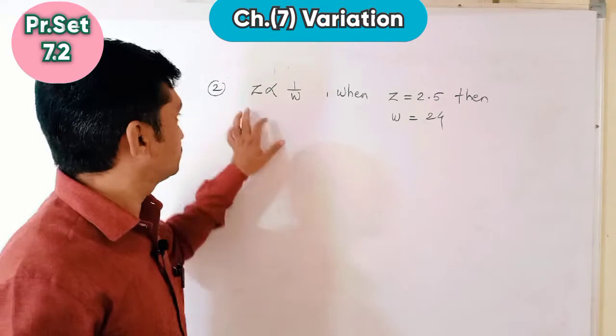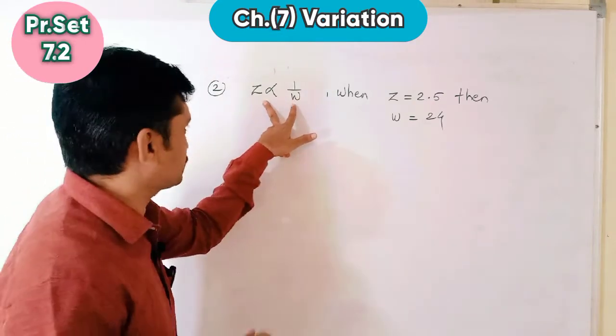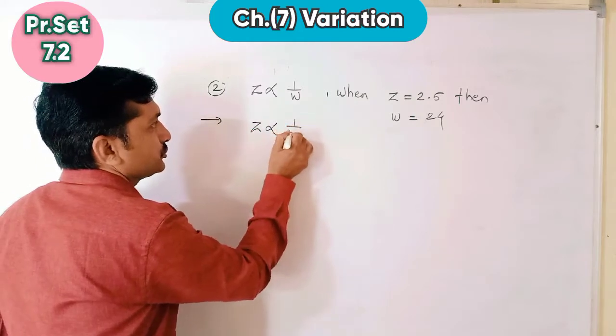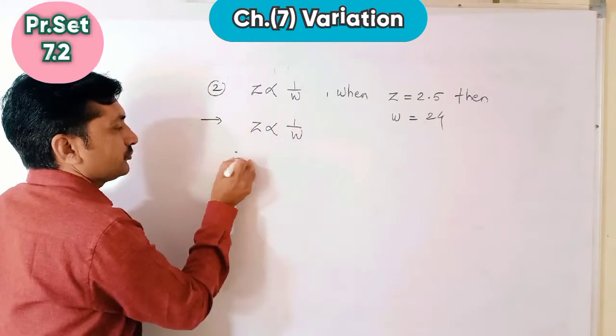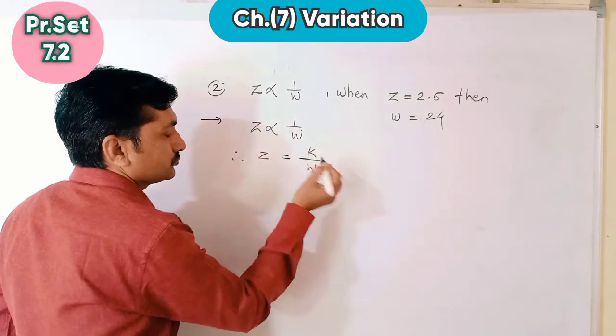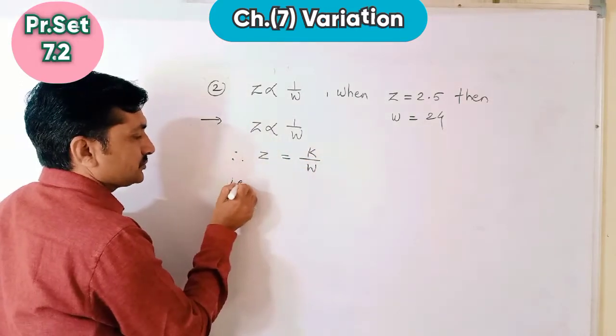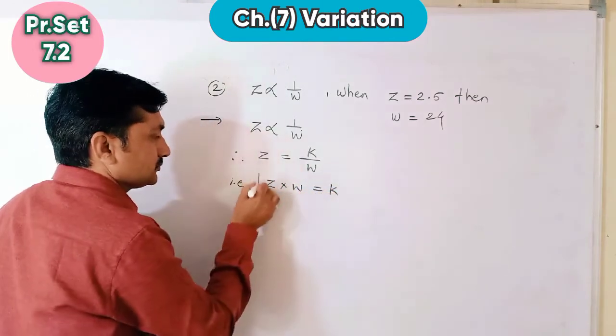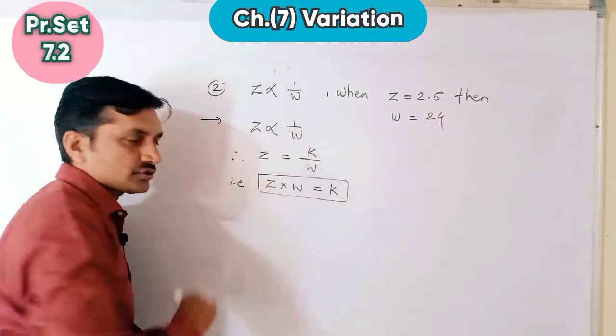Second example, Z is inversely proportional to W. Therefore we can write the equation as Z is equal to k upon W. That is, Z multiplied by W is equal to k. This is the equation.